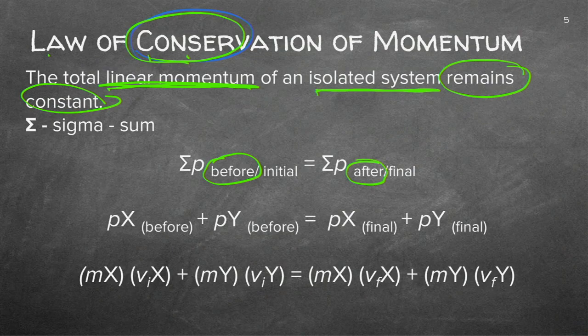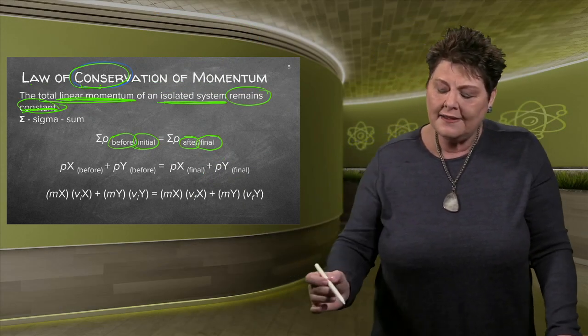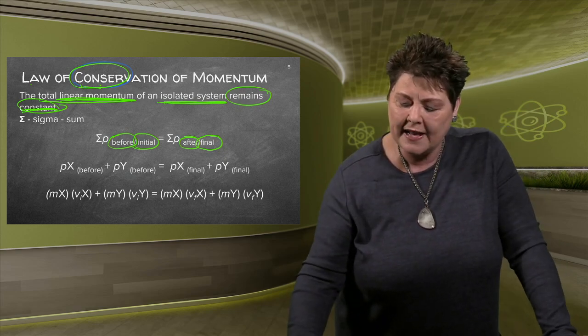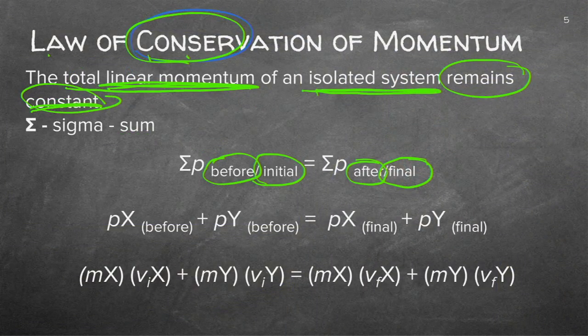But the word you've got to use has to be total linear momentum, isolated system, and it stays constant. So, the initial momentum will be exactly the same as the final. Nothing will be lost.